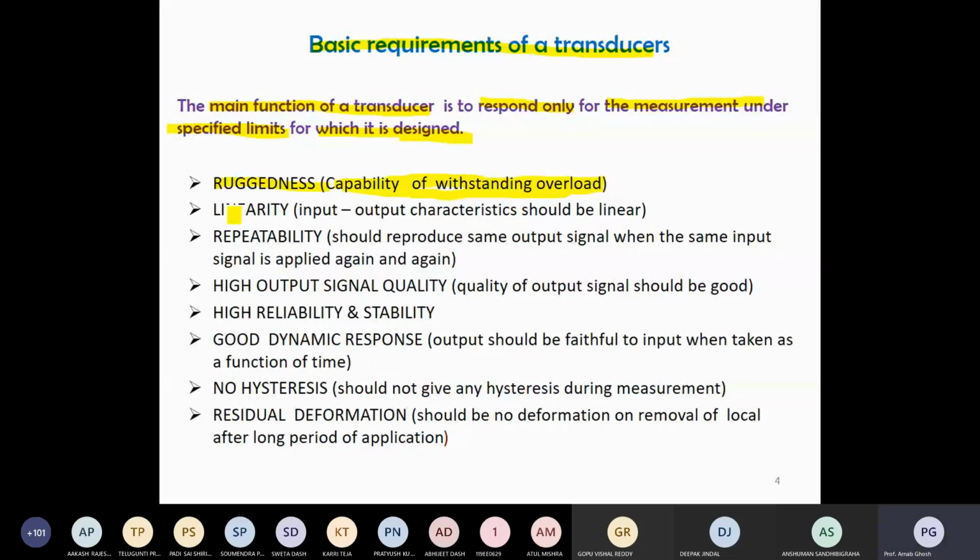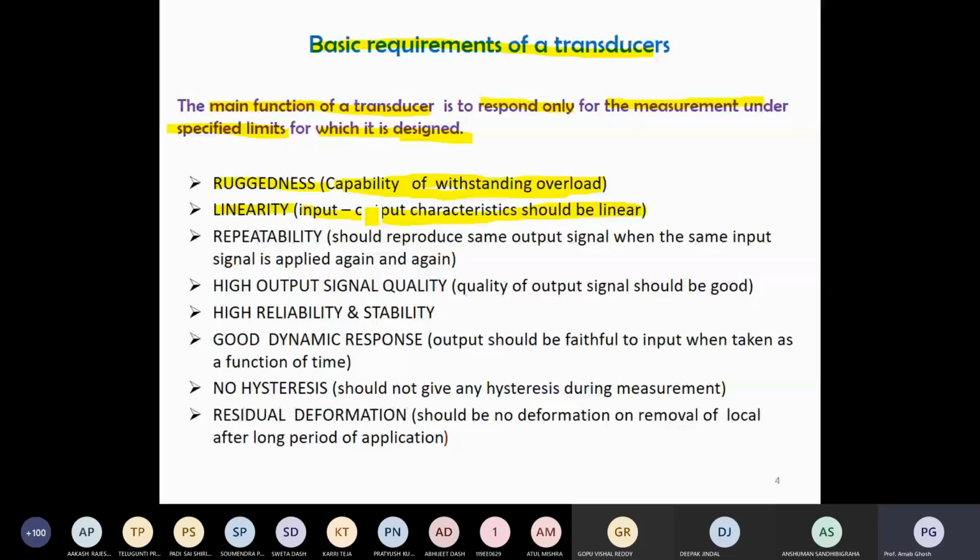If it is not working in the linear zone, you should not consider it, because if the zone is varying and it is in non-linear mode of operation, it will be difficult to analyze. Basically, it should follow Ohm's law: the ratio of the change in the input side to the change in the output side should be constant.